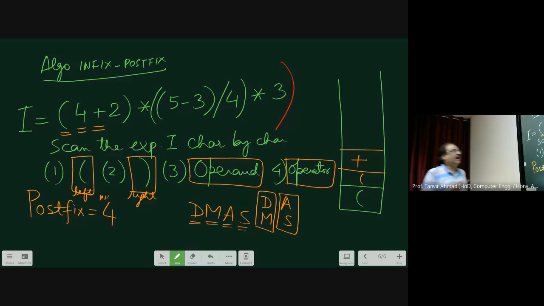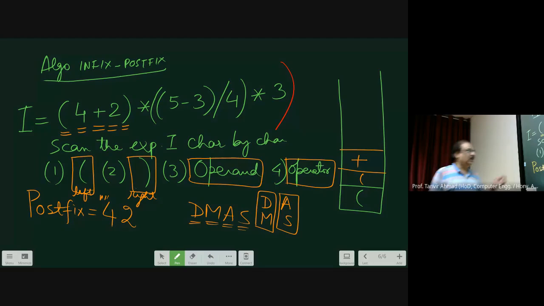Then I get 2. Since it's an operand, I put it, sorry, in the expression. Okay. Now I get a closing bracket, that is the right bracket. This is the fourth case.